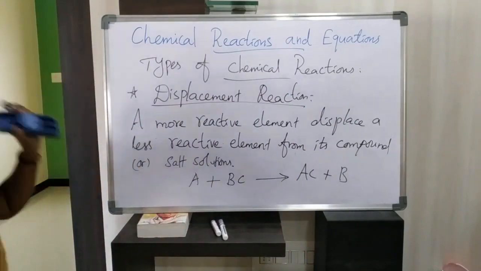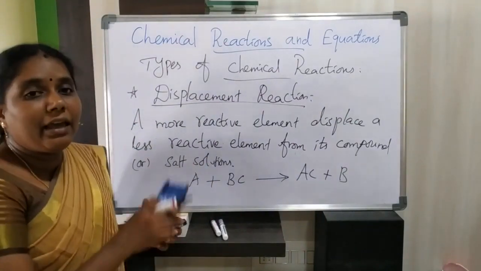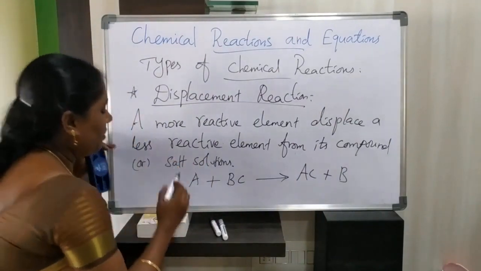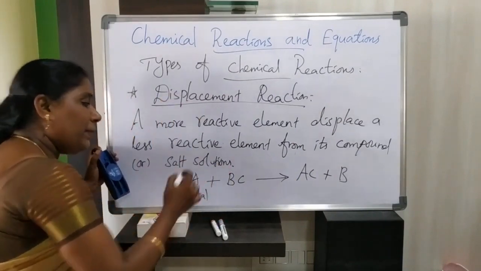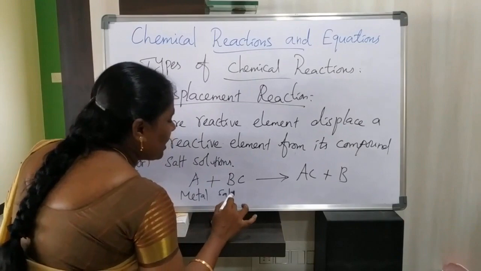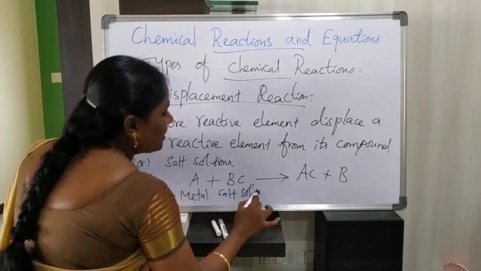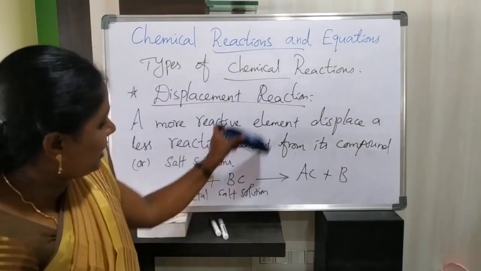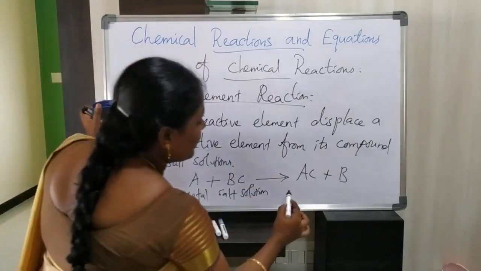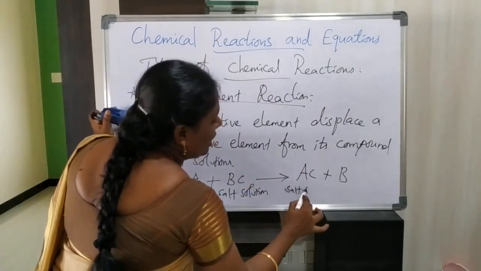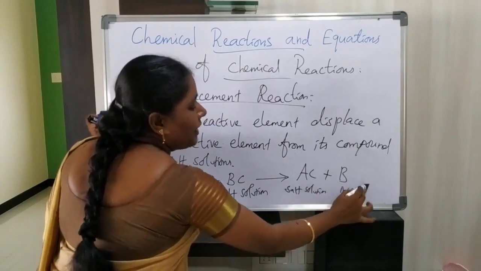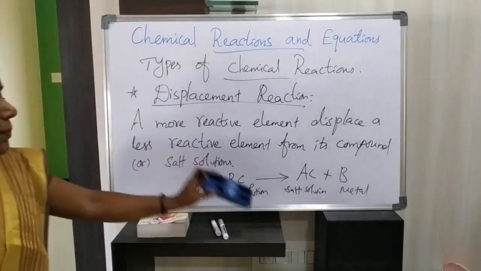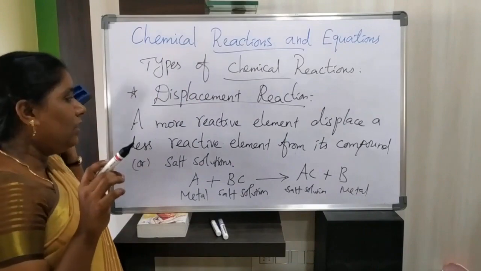Listen carefully. In this reaction, A is considered as one metal, and it combines with BC. Consider this is a salt solution, and both combine to form AC. This is also a salt solution, and B is a metal. What happens in this reaction?